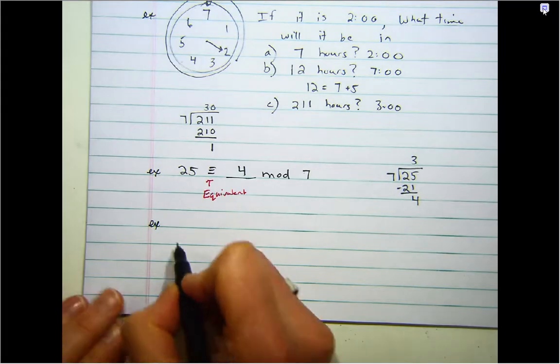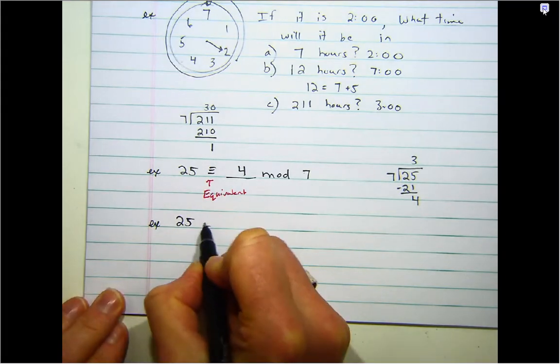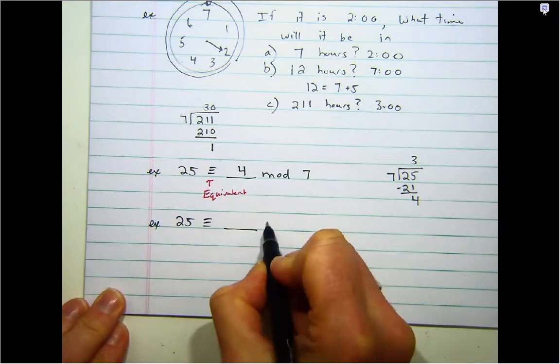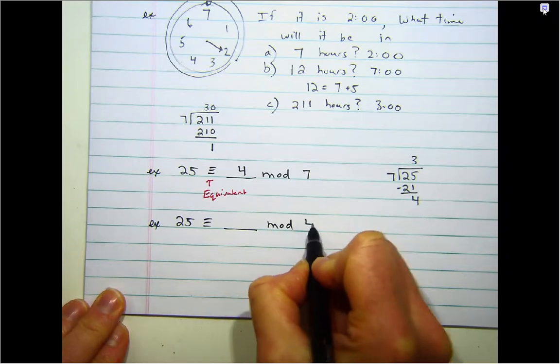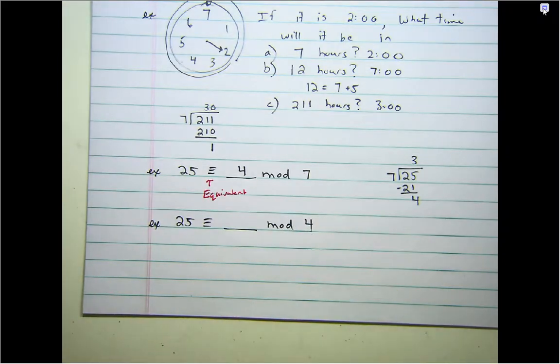How about 25, but this time we'll say it's equivalent to what mod 4? So we want to know what number 25 is equivalent to in mod 4 arithmetic. So we're going to take out multiples of 4 this time.